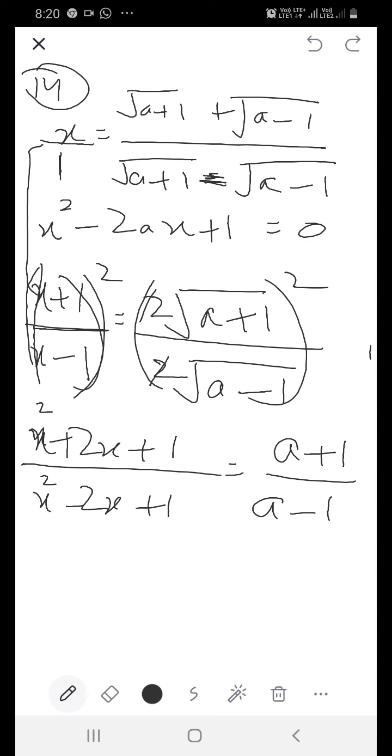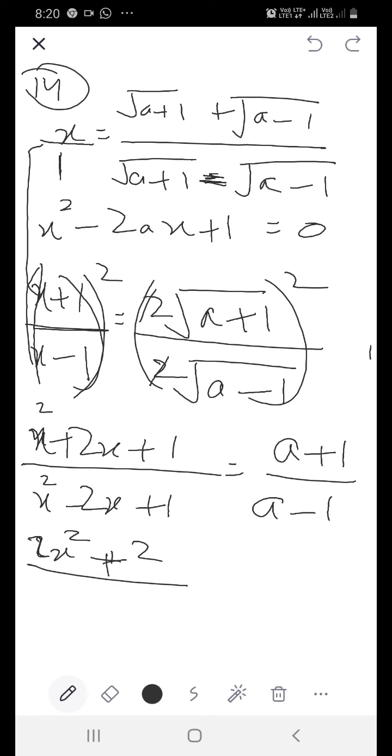Now if I apply componendo and dividendo again, I have to add the two terms of the left hand side. When I add both the terms, that is numerator and denominator, x square plus x square will become 2x square, plus 2x minus 2x will cancel out, plus 2, 1 plus 1.